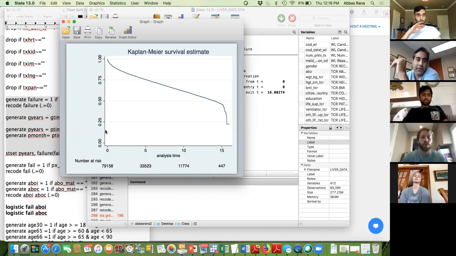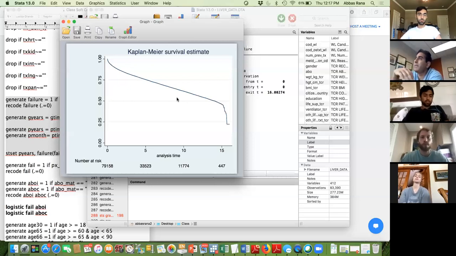So at that point, it's really good, and most people are alive at 1 month. Okay? So spend a little time understanding this. Understand that the number at risk goes down over time. And this is the bedrock. These are the survival curves that we have and we publish. It's the gold standard for looking at survival in a real life setting.